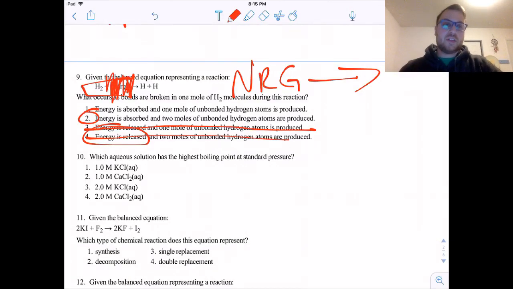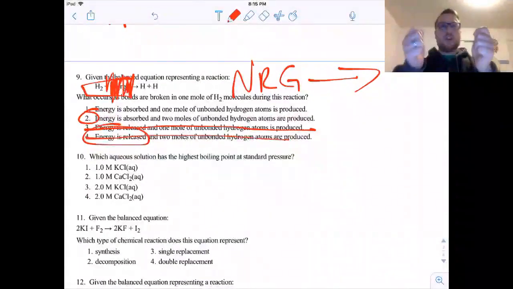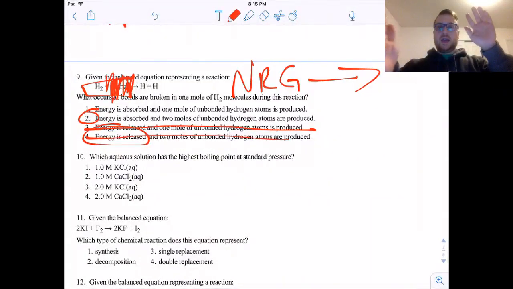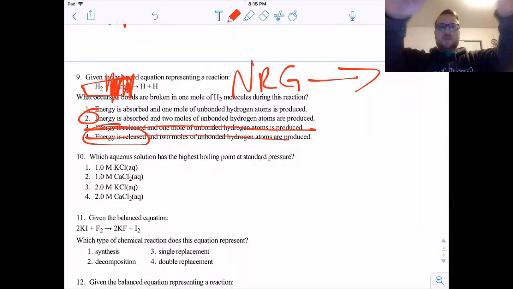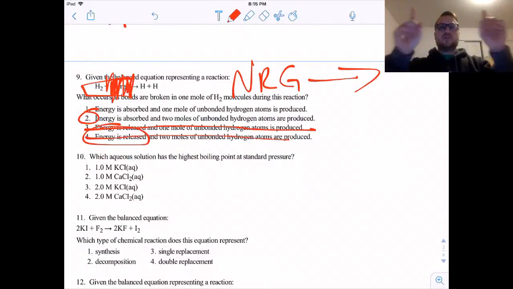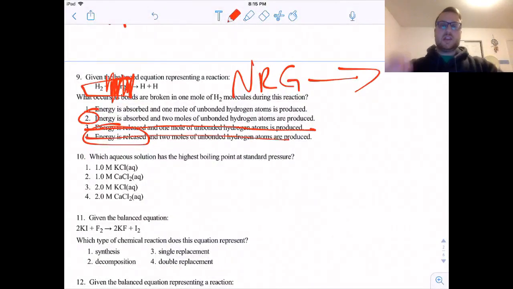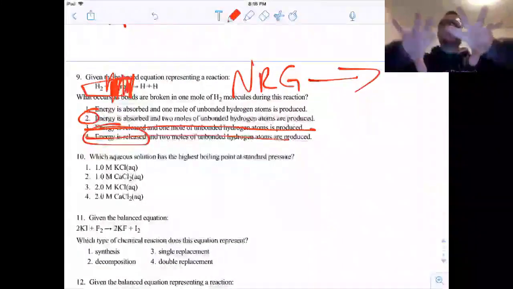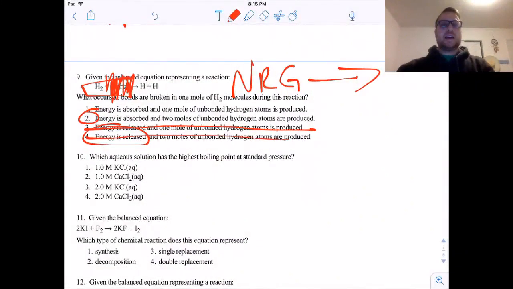If you take 2 things and join them together, you hear that energy being released in the form of sound. Like I can hear the clap. So 2 things release that energy. If you take a pencil and you break it into 2 pieces, you have to input energy into that pencil for it to crack. That pencil is absorbing energy to crack. So if you're breaking bonds, you're absorbing energy. If you're forming bonds, you're releasing energy.